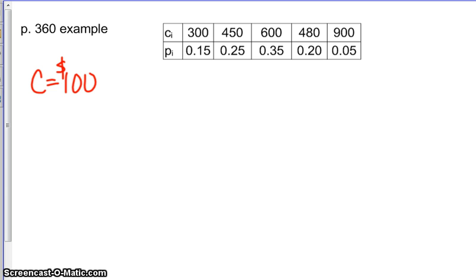So what we're going to do is change my table. So even though I make $300 here, after I take away that $100 of my cost, it's going to be down to $200 in terms of profit. 350, 500, 650, 800.